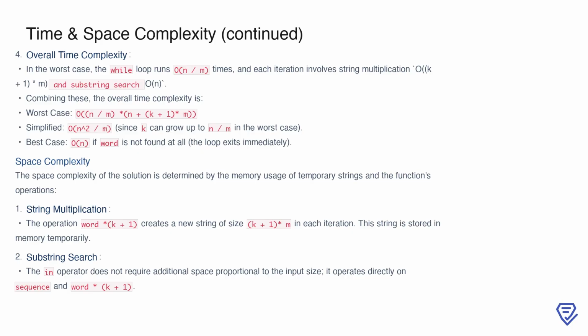Shifting to space complexity, we begin by analyzing the temporary memory usage. String multiplication, as seen in word asterisk, k plus 1, creates a new string of size k plus 1 asterisk m in each iteration. This temporary string contributes to the memory usage. For substring search, the in operator itself operates directly on the existing strings without requiring additional space proportional to their size.